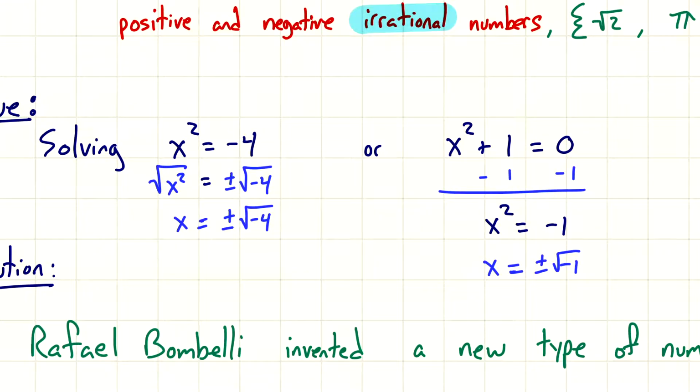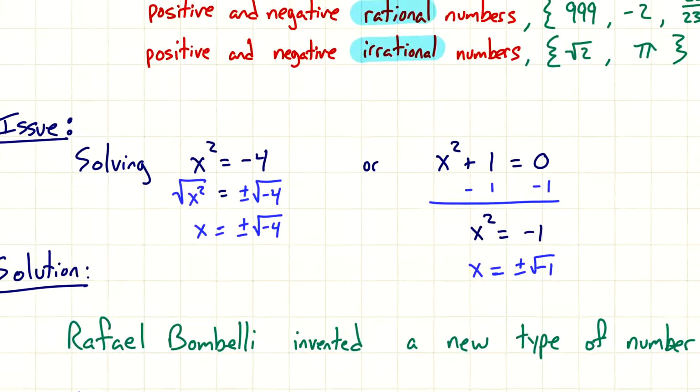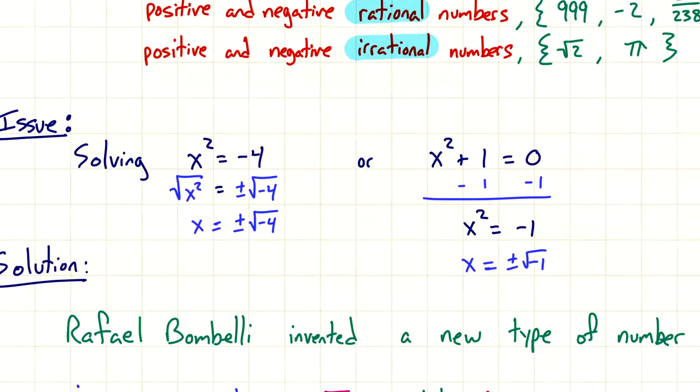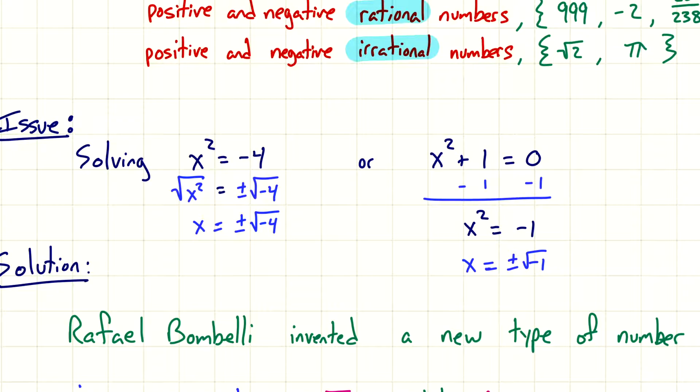Well, about 500 years ago, there was this mathematician, Raphael Bombelli, who invented a new type of number. He came across this issue in all the math problems he was solving, and he felt like he needed to invent or make up a new number in order to deal with this situation.